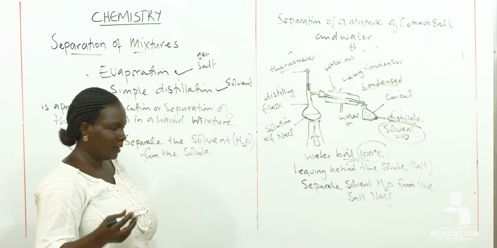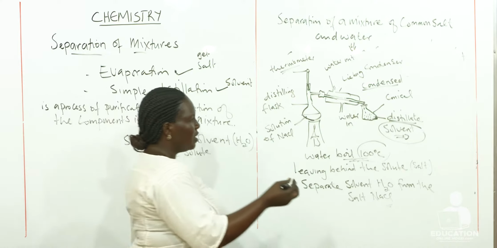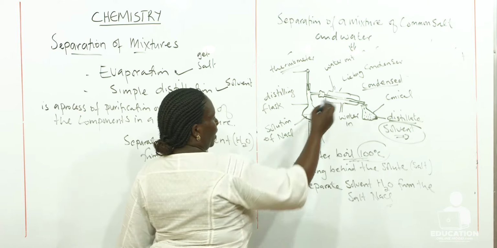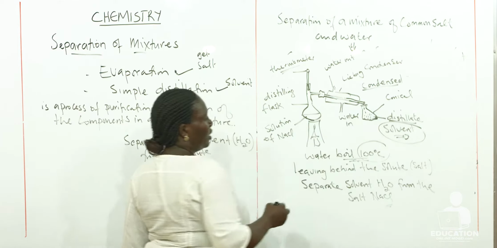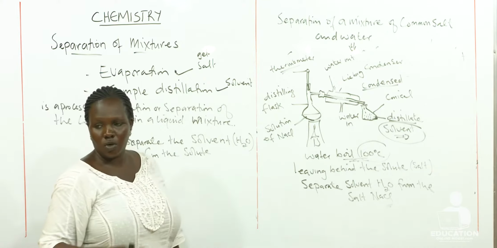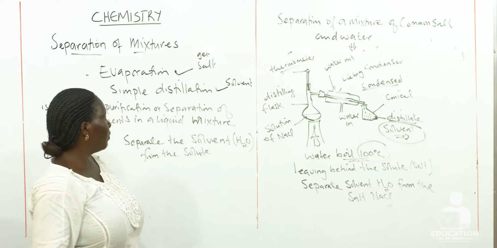So water boils, the water changes to steam, the steam is condensed in the condenser, it changes to liquid, and then the liquid will be collected. And the liquid collected is called the distillate.